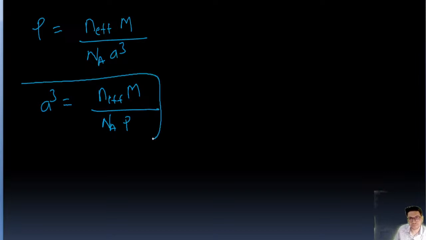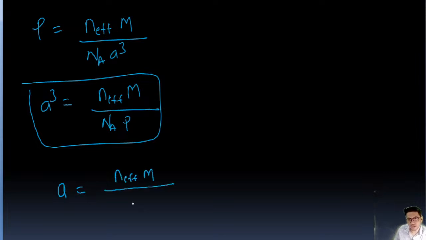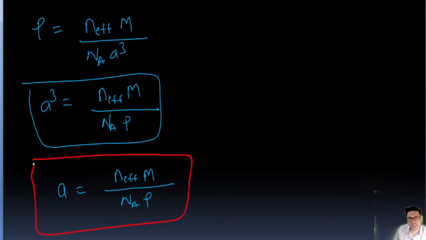From here we can get the value of the lattice constant A. This is n effective into molar mass upon Avogadro number into atomic density. This is a very important formula for finding lattice constant, and using this formula you will be able to solve many questions in CSIR NET. Many questions have been asked, and you can solve those questions using this formula.